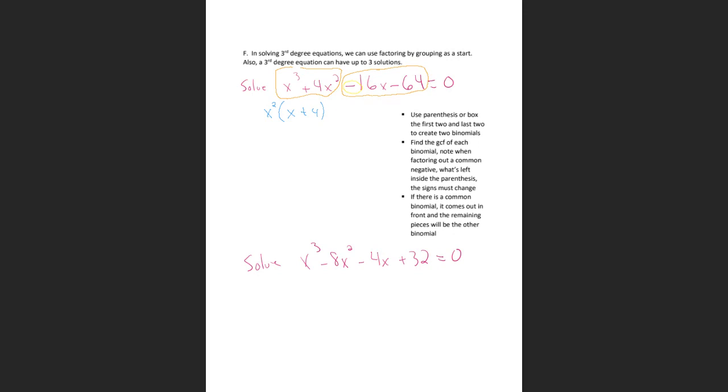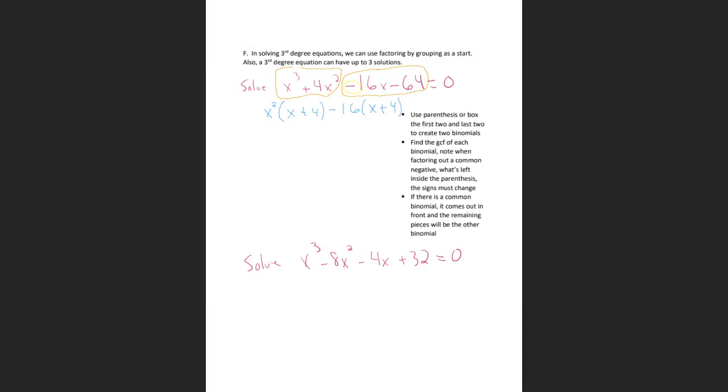So I am going to pull out a negative 16. I'm going to pull the negative out as well. In doing so, these signs are going to switch. So this is going to become then just simply x. And instead of a minus there, it's going to turn into a plus. And as we said, negative 64 divided by negative 16 is going to be that positive 4. So it does check out.